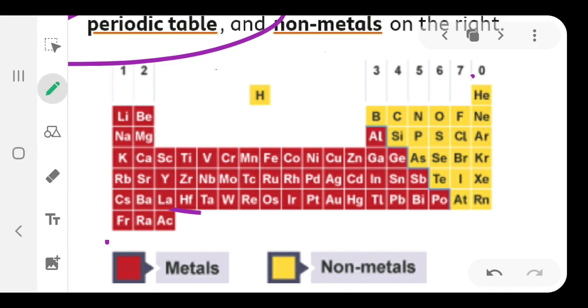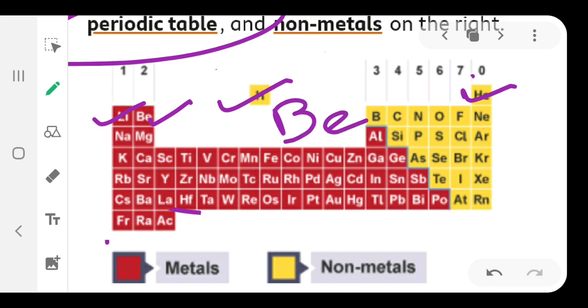If you just take a glance, H is for hydrogen, then comes He for helium, then Li for lithium, then Be, where the first letter is capital and the second is small, which stands for beryllium.